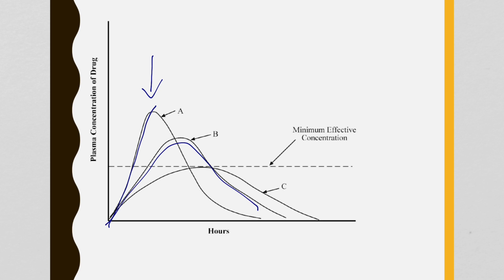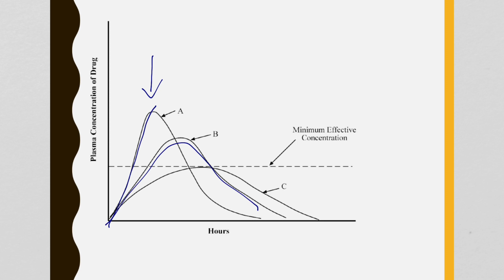Drug A and B, however, we can see that they both hit the minimum effective concentration. So they're going to cause a noticeable biological change toward the goal. If it's to reduce pain, they're going to do that effectively. If it's to reduce inflammation, they're going to do that effectively, right?